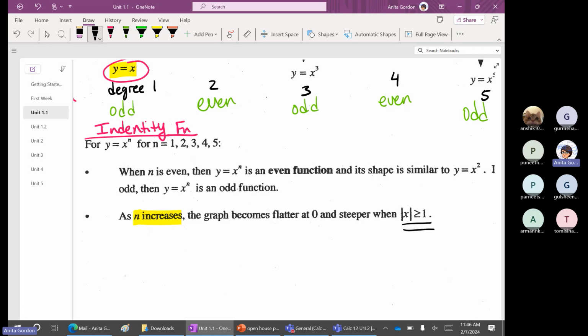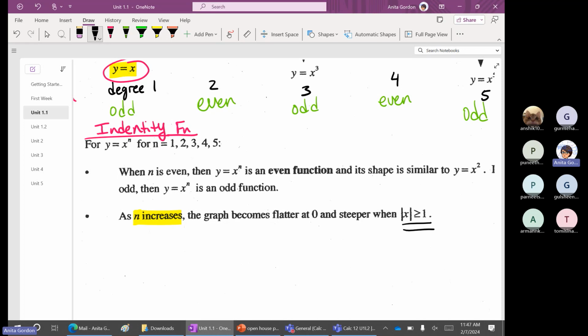As we get x to the power 4, 5, 6, the closer you are to 0, the flatter it becomes, but the further out you get from 0, the steeper it becomes.